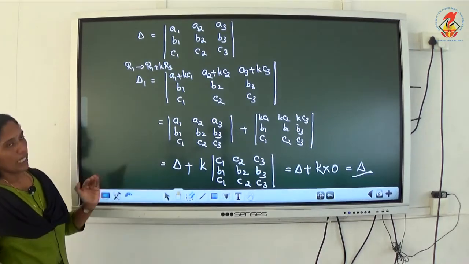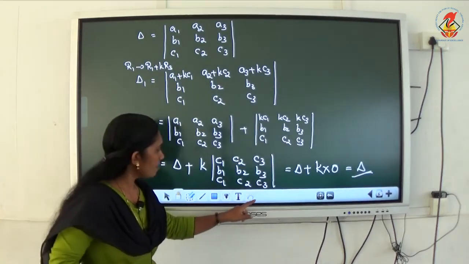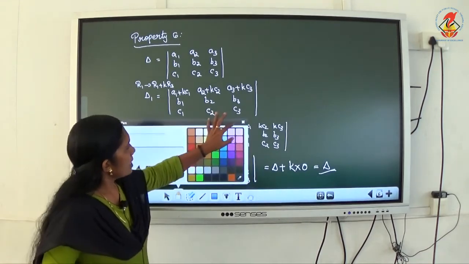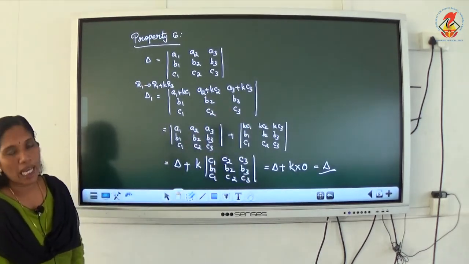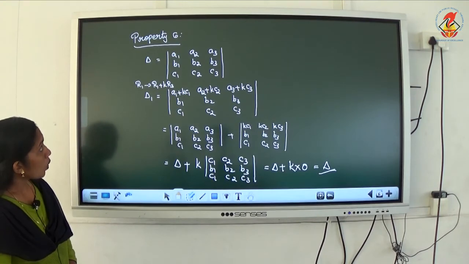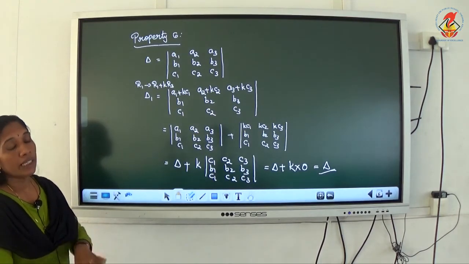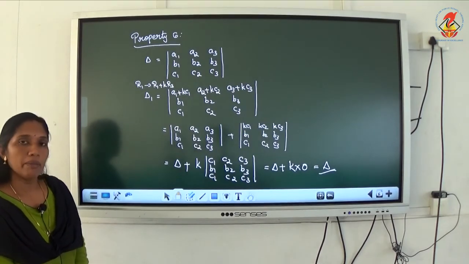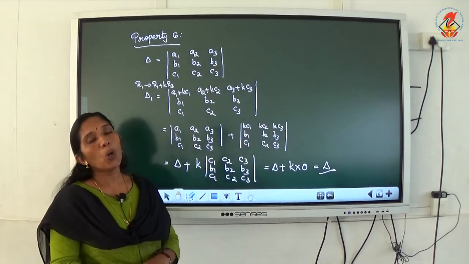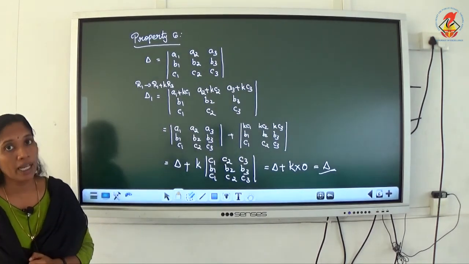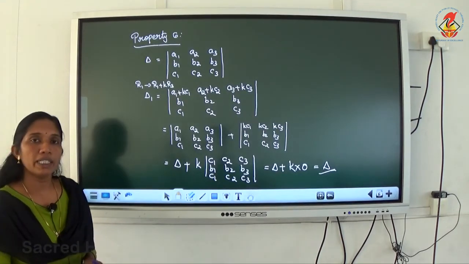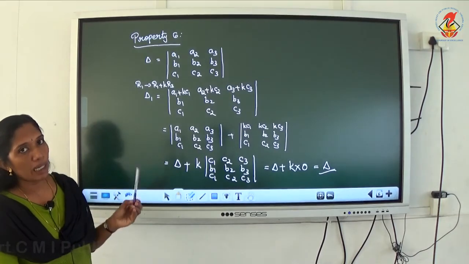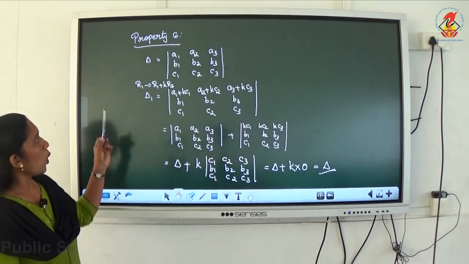That means the property, property number 6, says that if to each element of a row or a column, the equimultiples of the corresponding elements of any other row or column are added, then the value of the determinant remains the same.